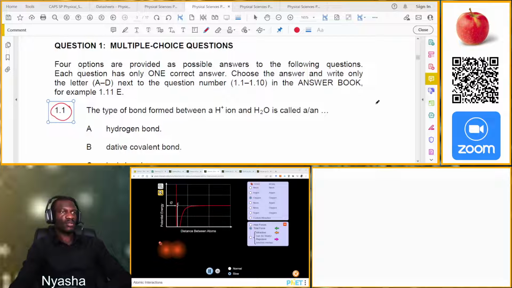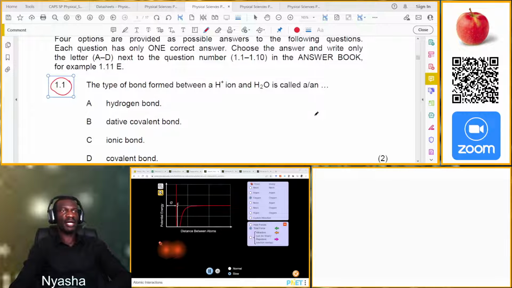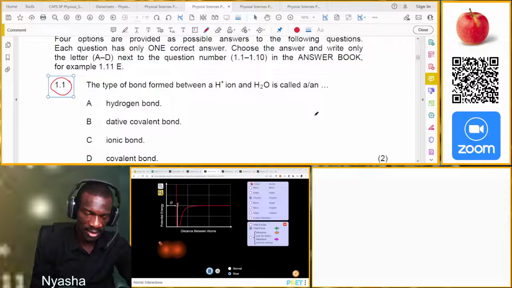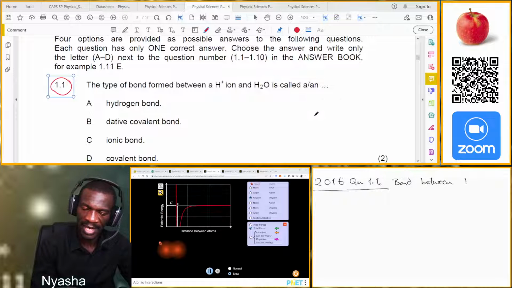The first question, 1.1: the type of bond formed between a hydrogen ion and water is called what?